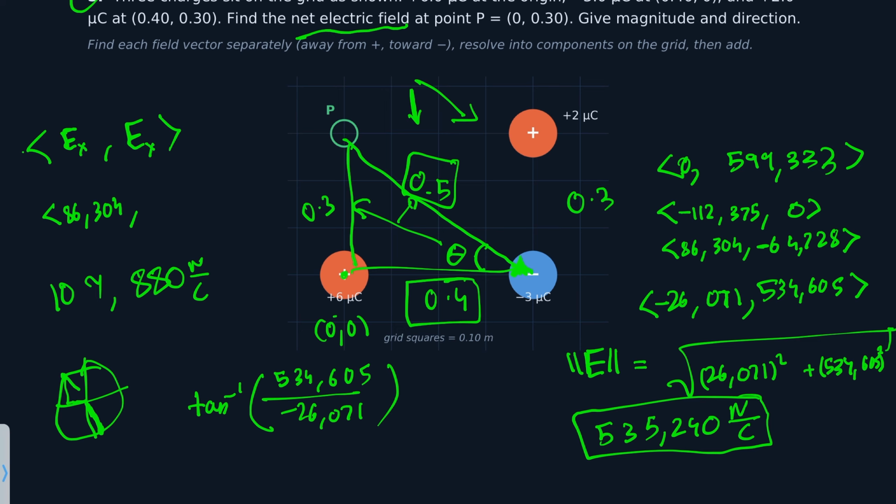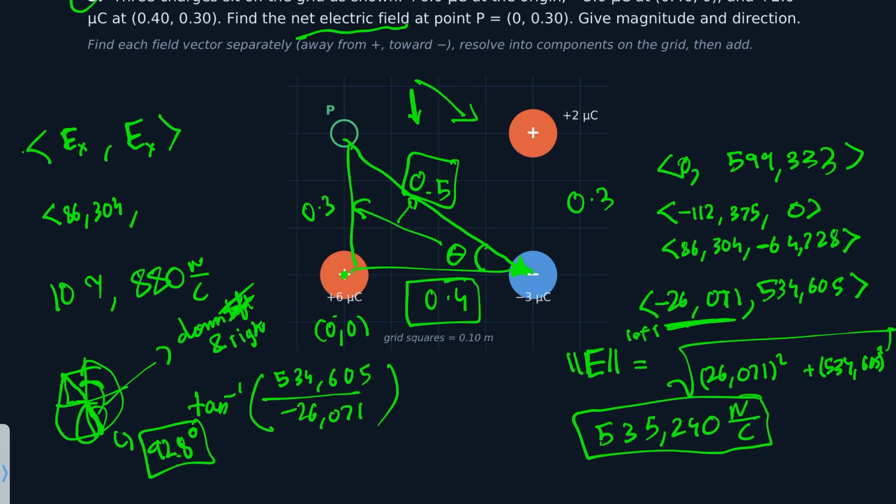So you want to add 180 to that value, since the arctangent gives you a negative. You add 180 and you should get 92.8 degrees. This one wouldn't be right because it's going down and right, but our vector, since we have a negative x component, is going left and up. Okay, so there you go.